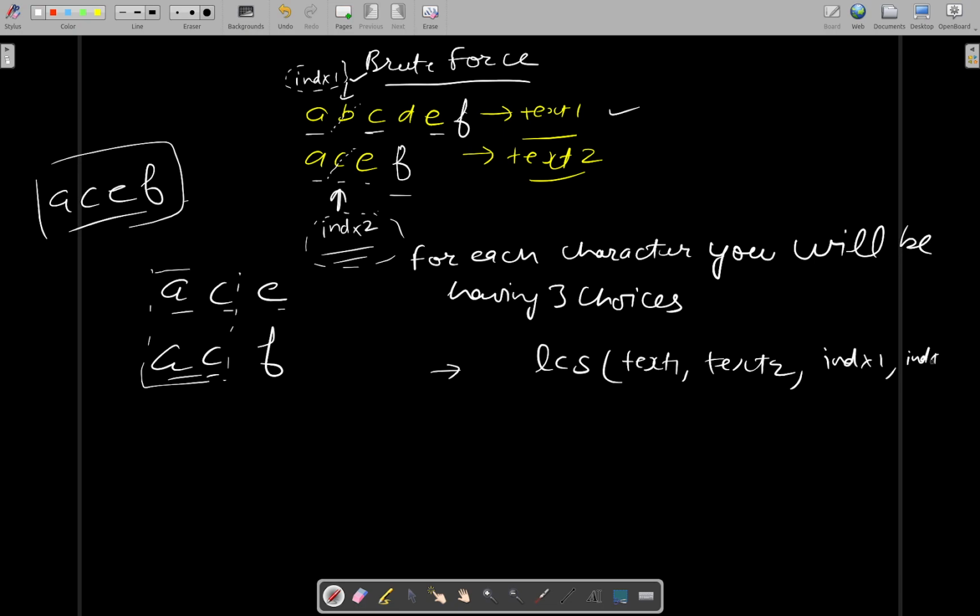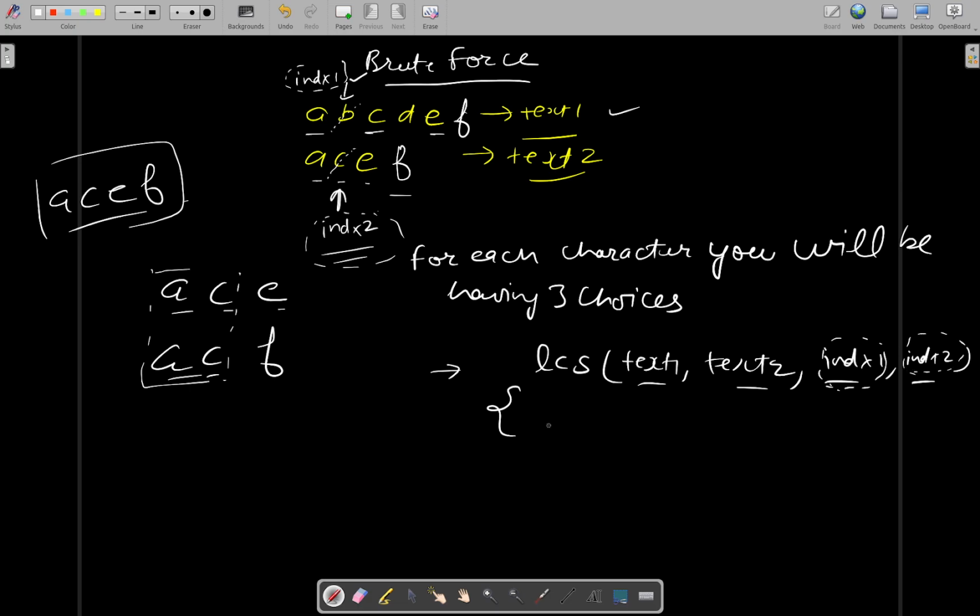Then if the characters represented by these two indices in these two different strings are not equal, we will be having two choices, either to exclude this index in the first string or exclude this index in the second string.